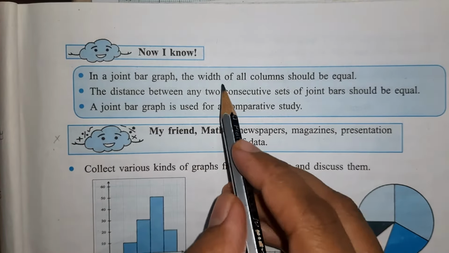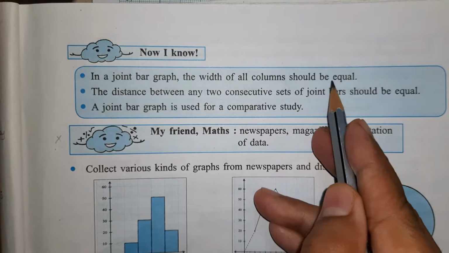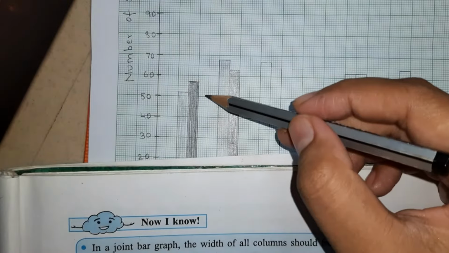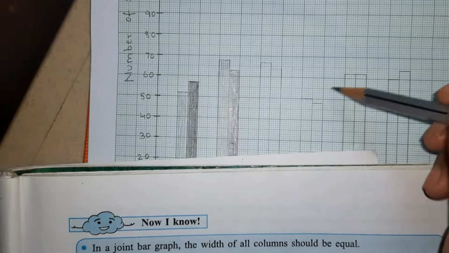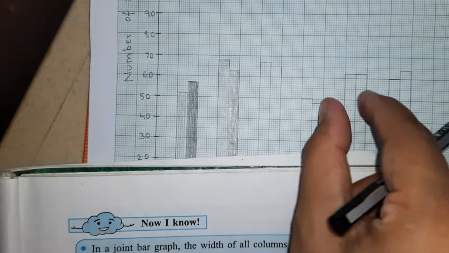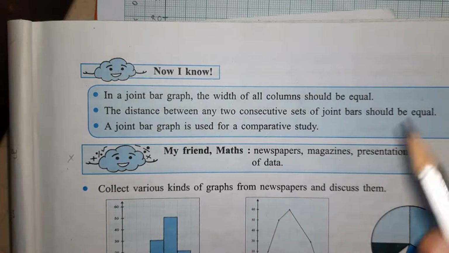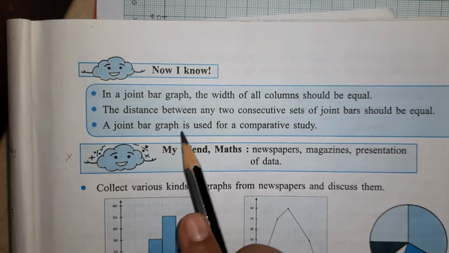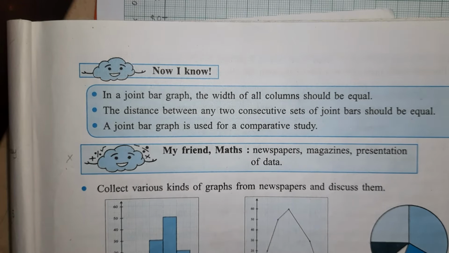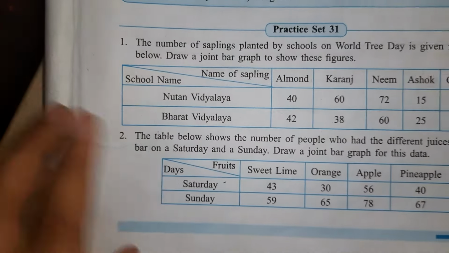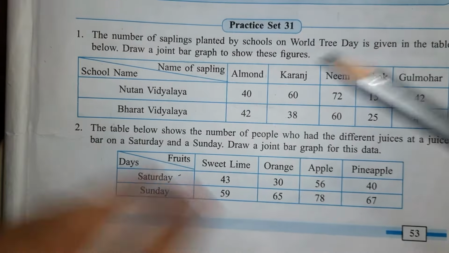In a joint bar graph, width of all columns should be equal. ये जितने भी हमने columns बनाए हैं, सबकी width should be equal. Distance between two consecutive sets of joint bars should be equal, and a joint bar graph is used for a comparative study.